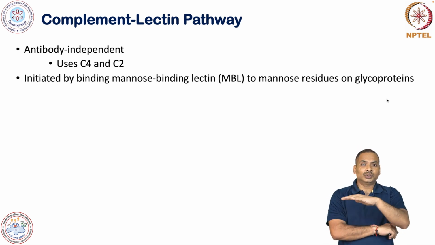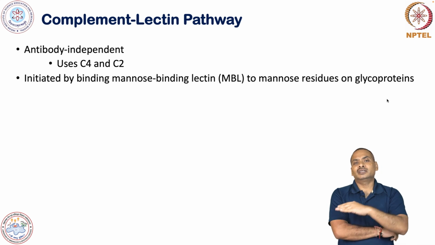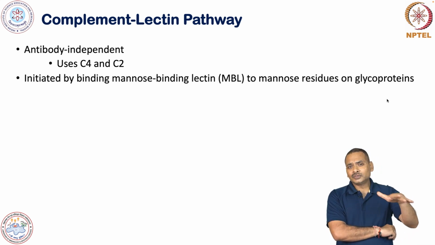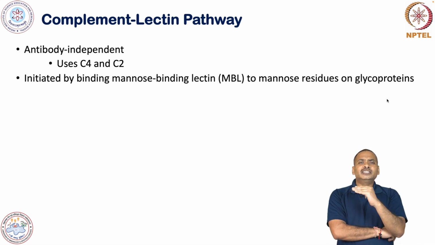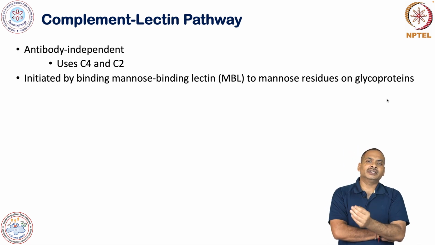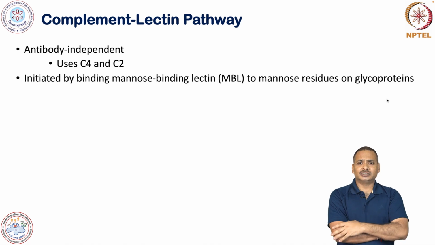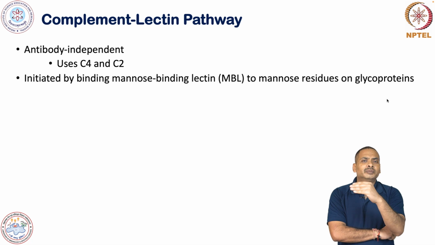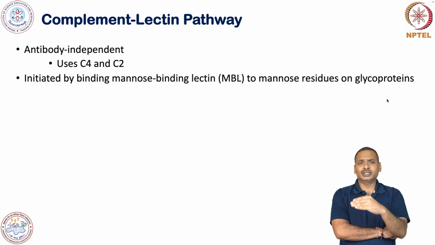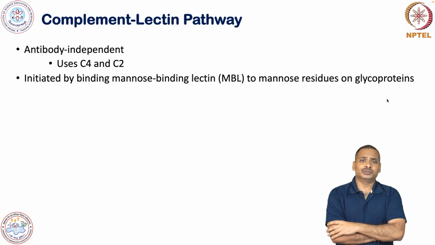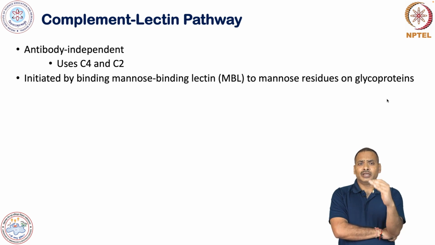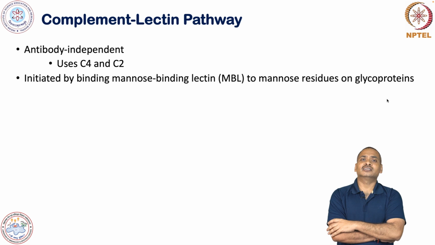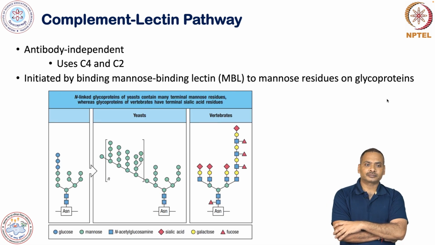You know that there are proteins over the microbes, and these proteins have some sugar residues, and in the case of microbes, the terminal residue is mostly mannose. So this MBL can bind with this mannose, and that can trigger the lectin pathway.